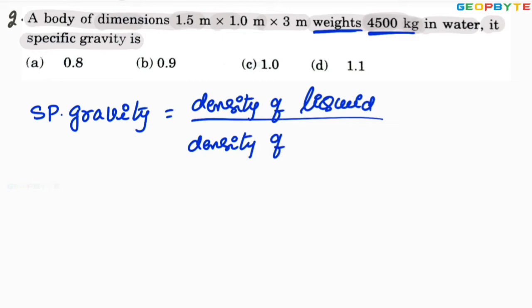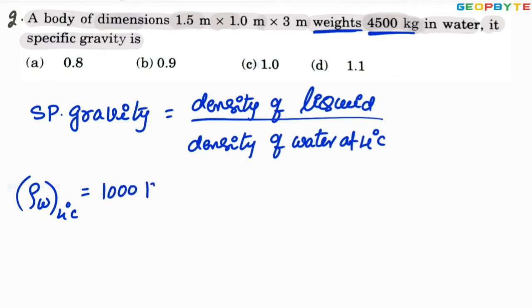Density of water at 4 degrees centigrade. Here density of water at 4 degrees centigrade is 1000 kg per meter cube. This is the standard value. This is the density of water at 4 degrees centigrade.